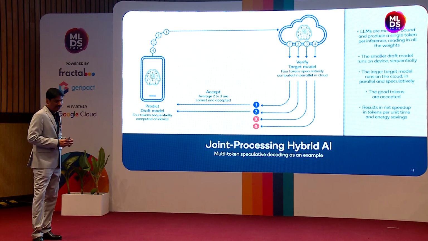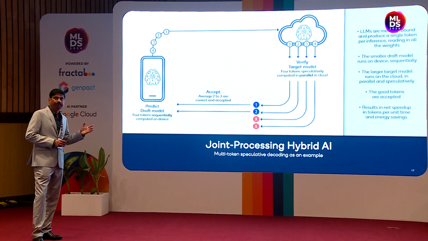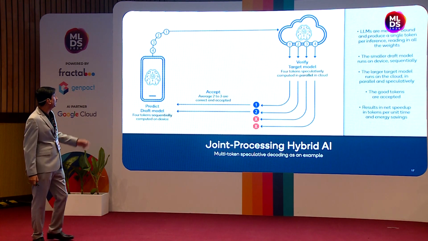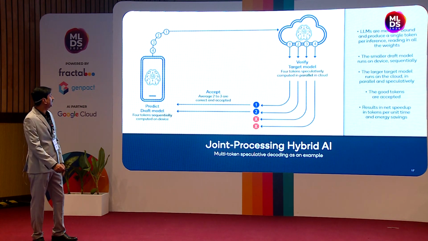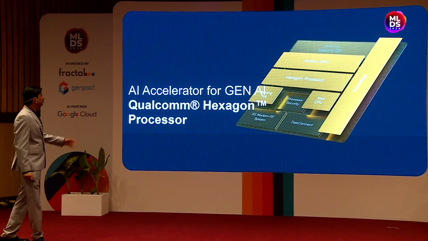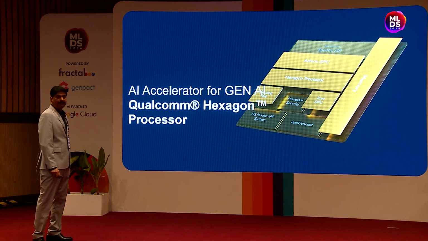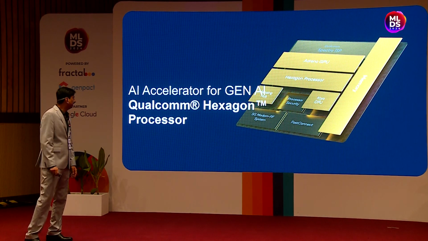Typically, as per the analysis done so far, the draft model is able to predict 2 to 3 out of every 4 tokens correctly. That brings you a lot of advantages with speculative decoding. So these are two techniques. And the third one, which we could focus on, is having a separate accelerator for our deep learning applications.